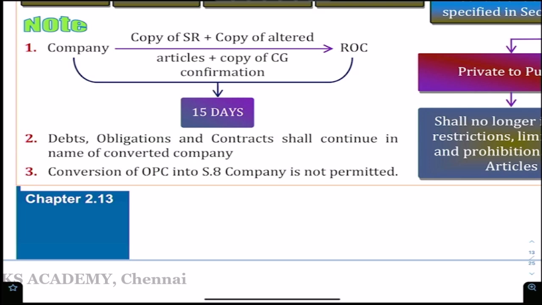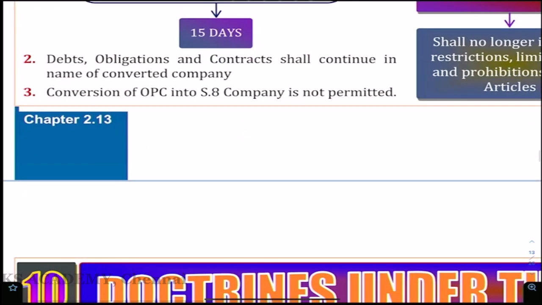Debts, obligations, contracts shall continue in the name of converted company. But one small important point is there. Conversion of OPC into Section 8 is not permitted, except that all conversions are permitted. Conversion of what into what is not permitted? OPC into Section 8 not permitted. Section 8 to any other is permitted. OPC converted into Section 8 is not permitted. Everyone understood the concept clearly?